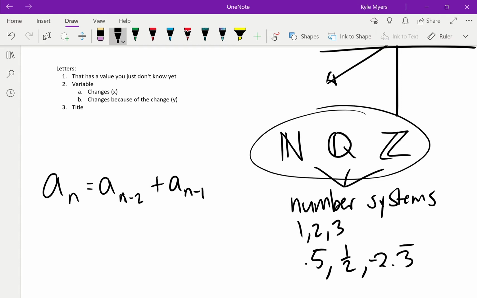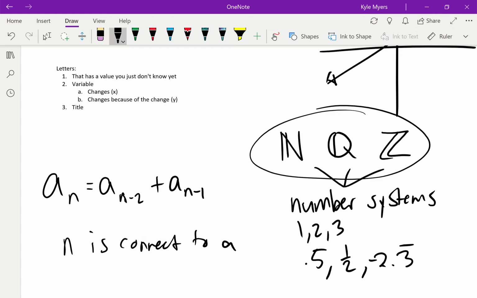There's an A letter and there's an N letter. The A letter is going to represent a variable. The N letter also represents a variable. They're actually kind of one variable. The A is going to be a term, and what kind of term is represented by the N. So N is connected to A. That's kind of like their one thing.